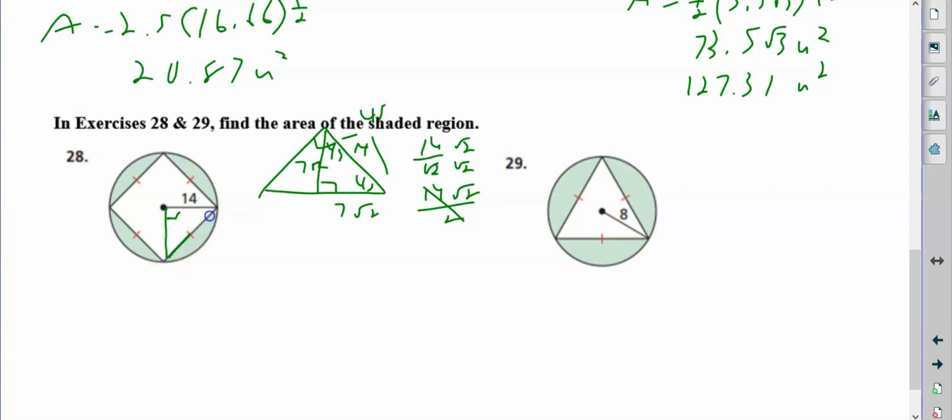So that means this right here is 14 root 2. Not root 0.2, root 2. All right. And that's 14 root 2.